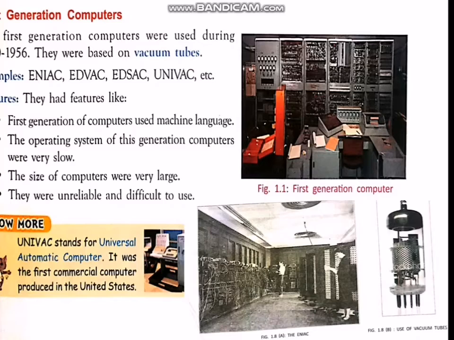They were unreliable and difficult to use. Why is it difficult to use? Because it occupies a large room and also you have to study the machine language. The machine language is different for different machines. It was not the same for all the machines of first generation computers.